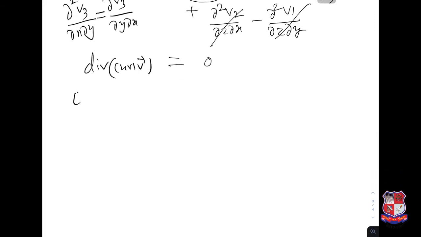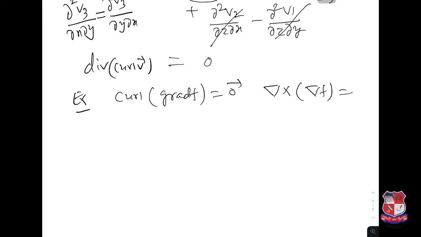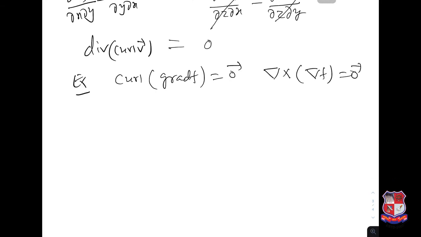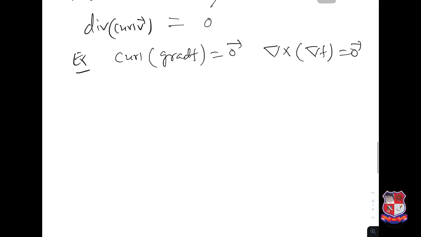Let us take the next example. Curl of gradient of f is a 0 vector, that means curl means del cross gradient f, so del cross del f, and that is a 0 vector. Divergence is a scalar, curl is a vector. So let us first find gradient of f.